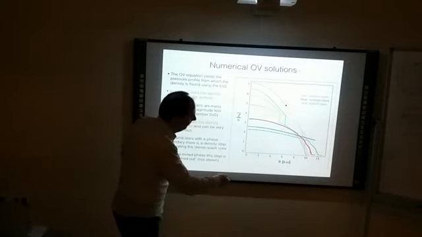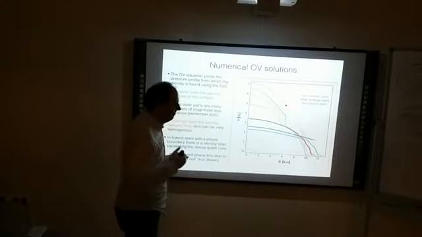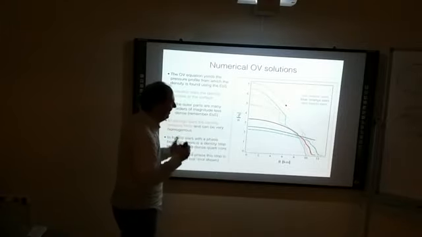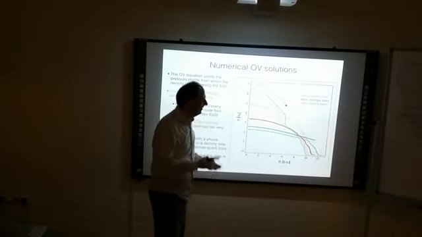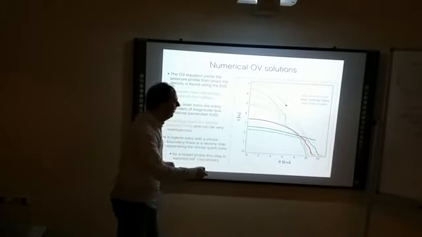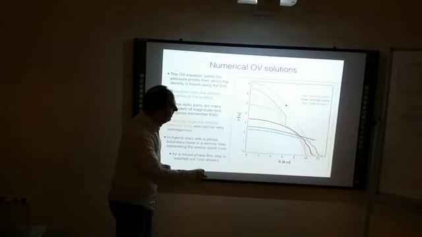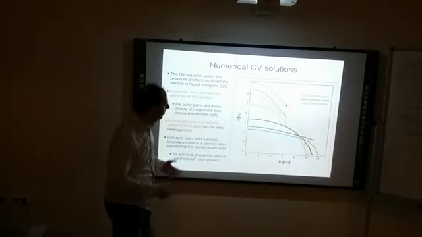The outer layers of the star are very dilute. It's not dilute, they're still extremely dense by terrestrial standards, but compared to the interior, they are much less dense, many orders of magnitude. And as I said, it actually goes to 0 at the surface.